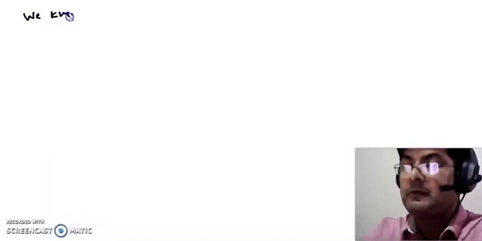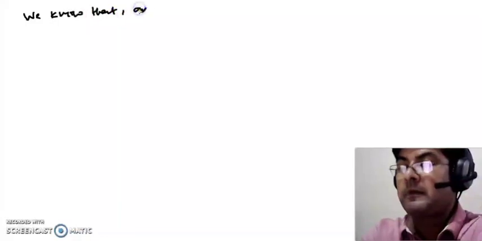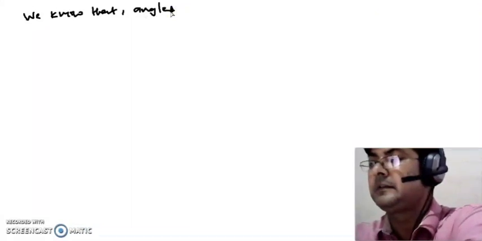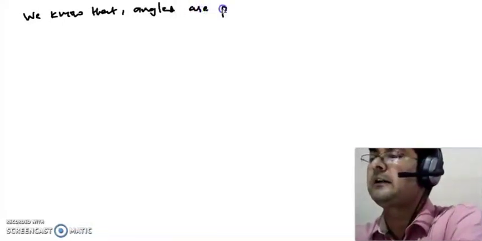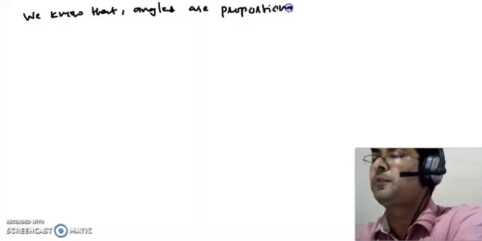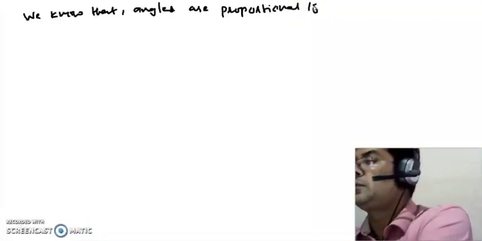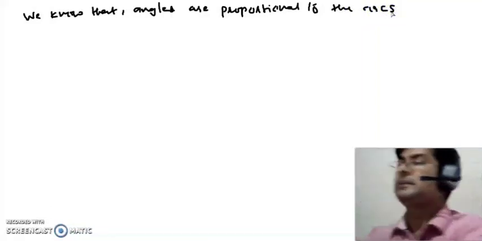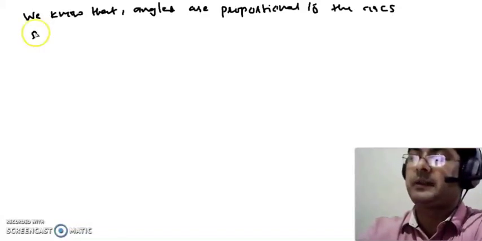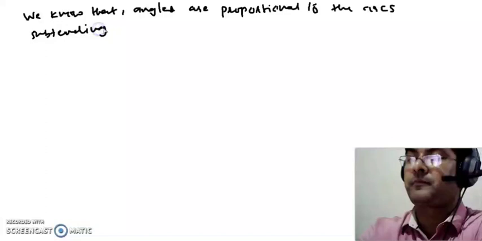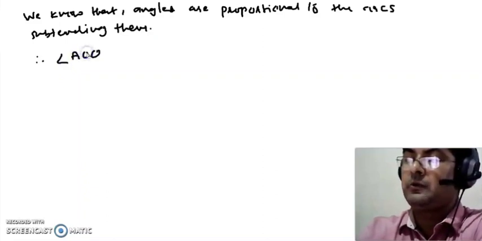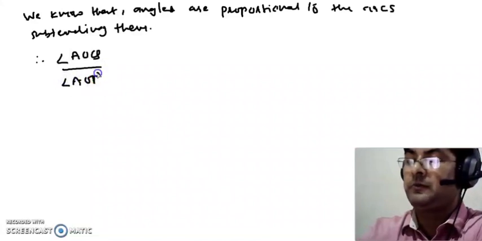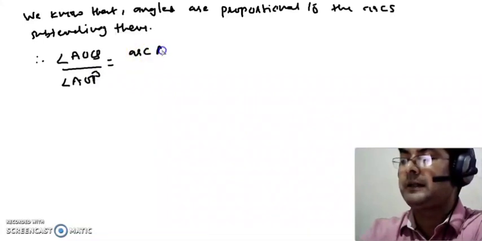Okay, we know that measures of angles are proportional to the arcs subtending them, and therefore angle AOQ upon angle AOP will be equal to arc AQ upon arc AP.